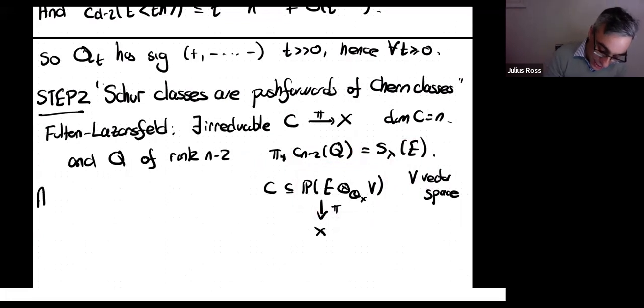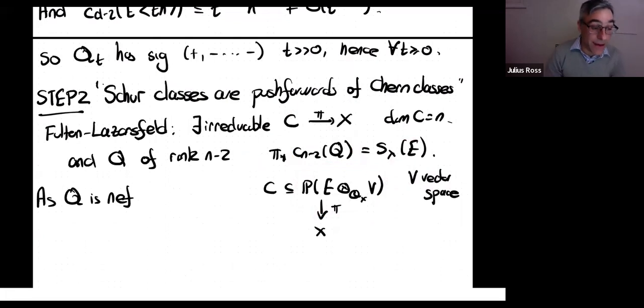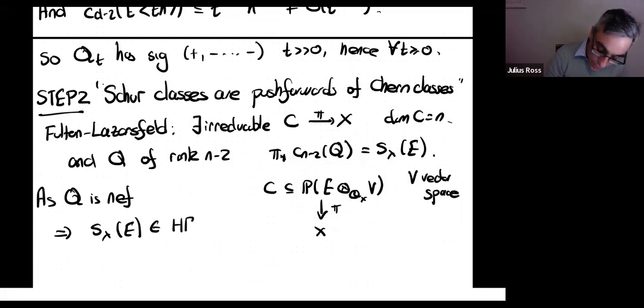As Q is nef, in some sense a limit of ample vector bundles, this doesn't give the statement I want. It just gives that the Schur class of E lies in the closure of things that have the Hodge-Riemann property. If I move Q a little bit to make it ample, then I win the game, but that's not what I actually wanted. I wanted the Schur class of E to have the Hodge-Riemann property.